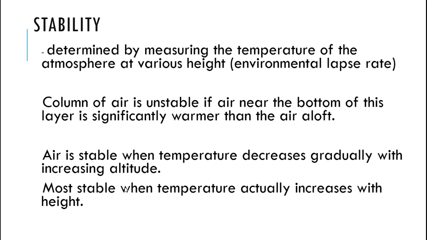Air is stable when the temperature decreases gradually with increasing altitude. It is most stable when the temperature actually increases with height. So the higher the altitude, then the temperature increases.